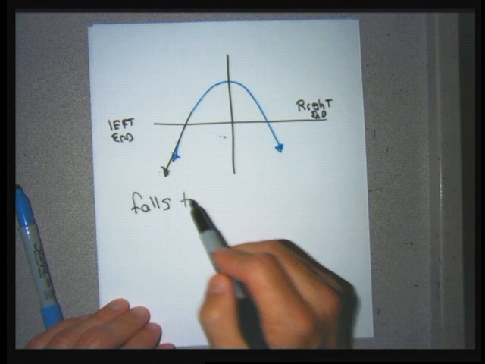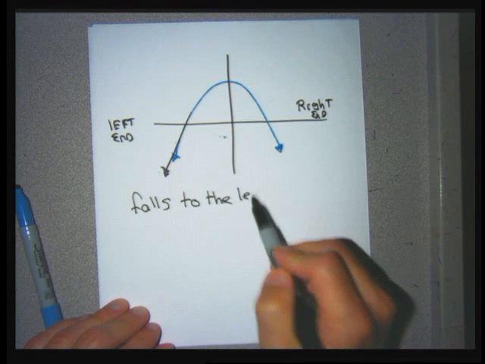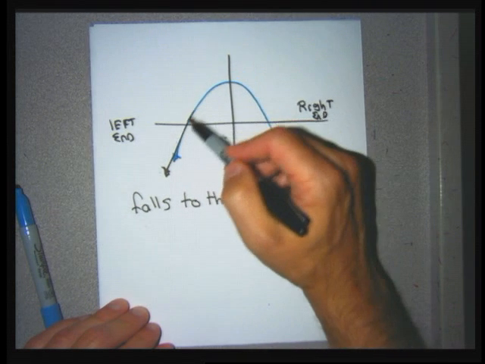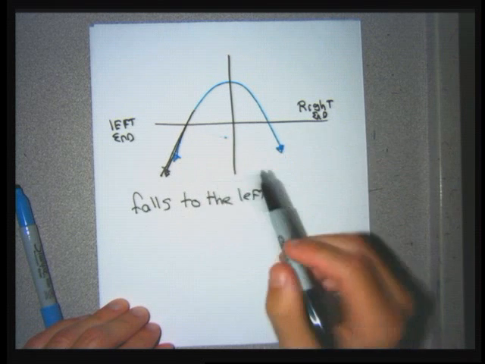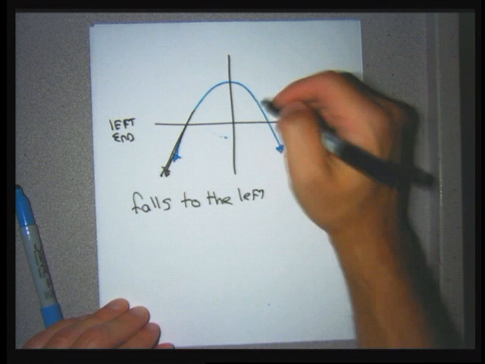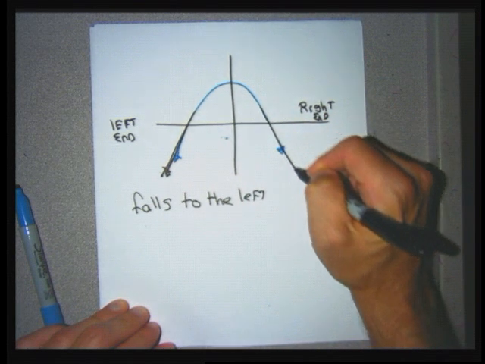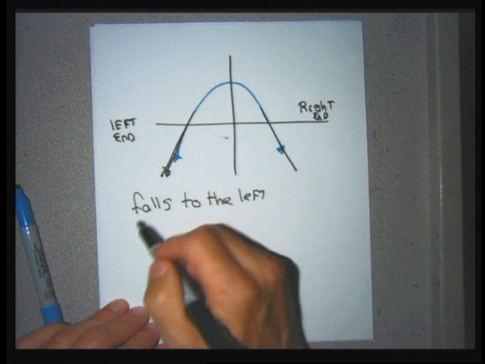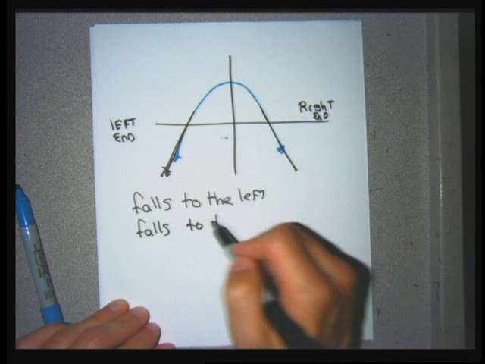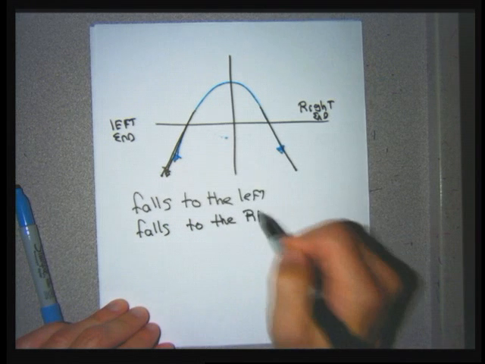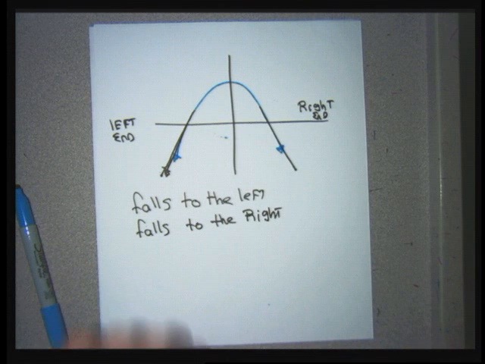I'll say it falls to the left, which means if I'm tracing on the graph in the direction of negative infinity, the graph is going down. Similarly, if I'm tracing to the right edge of the graph, it is still going down. So I'd say this graph falls to the right as well. So this graph falls on both sides.